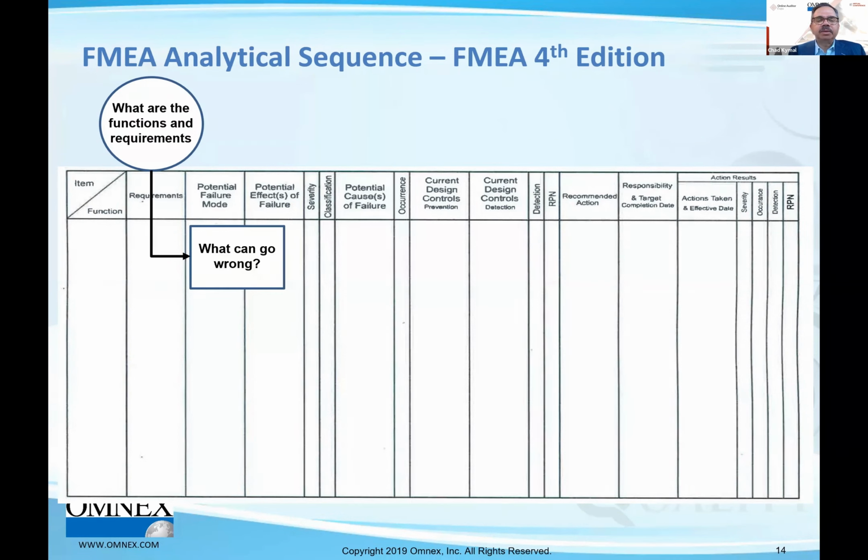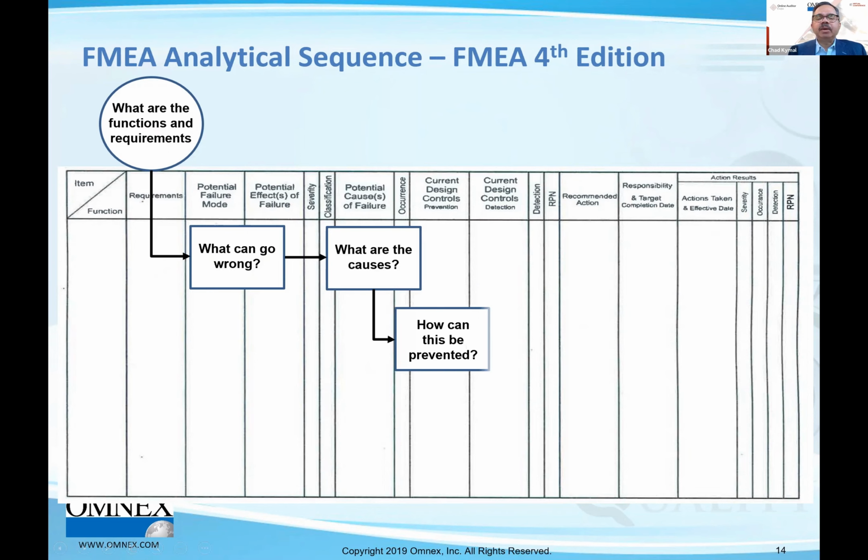And of course, Omnex always says functions have requirements, and from there you can say what goes wrong. Sometimes called a malfunction, by the way, especially now that we're working with the Germans. What can go wrong? What are the causes? And you can see it lines up with a column that it populates.